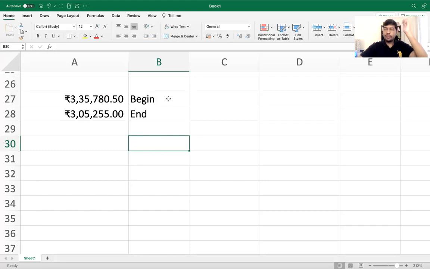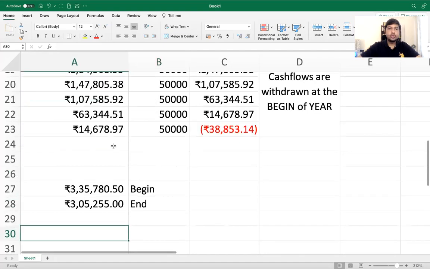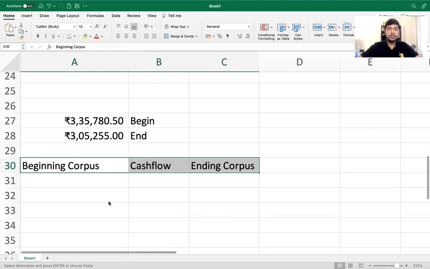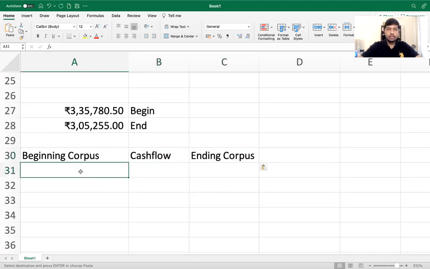So just like we have the net present value formula, we do not have a net future value formula. So if you want to just see what is happening at the back end, let's see. Okay, so I will just copy this and paste it over here.